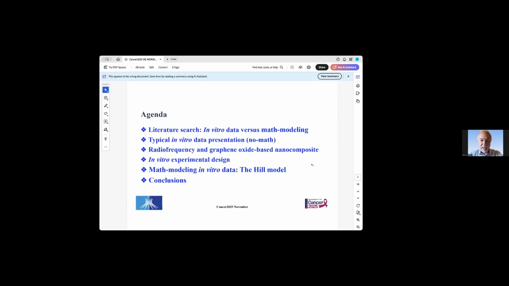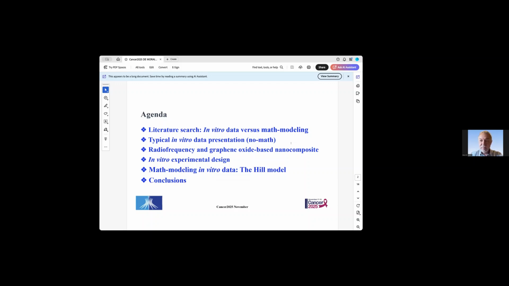Here is my agenda for today. In the analysis of the data, I will show you a mathematical model. And then in my first and second slide, I would like to emphasize the use of mathematical modeling to analyze cell data, and actually today it's only cell viability data.